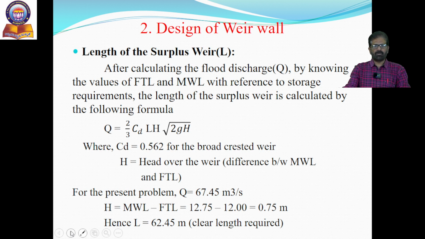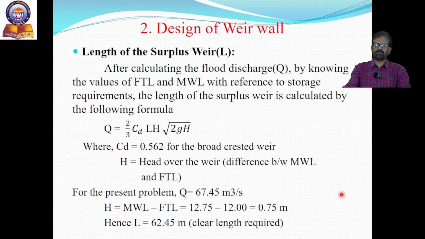Here also the weir wall has to be assumed as trapezoidal in shape. So in the design of the weir wall, we need to determine the total length of the weir wall, and then the top width, bottom width, and also height. Since it is trapezoidal in shape, it requires dimensions like length, height, top width, and bottom width.